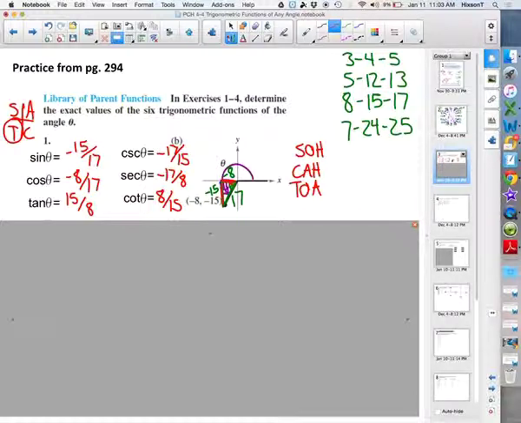Tangent, however, its range goes from -infinity to +infinity. So in this case, tangent already was bigger than 1, so when we flip it, we'll get something smaller than 1. So tangent and cotangent can be anything. It's just sine and cosine will be less than 1, and cosecant and secant will always be bigger than 1. Good question, though.